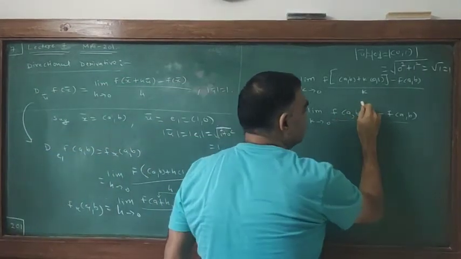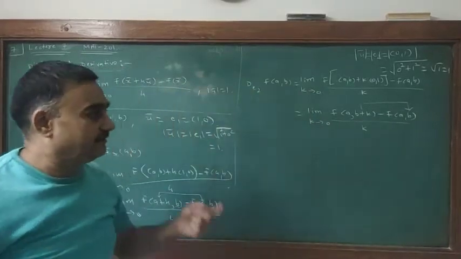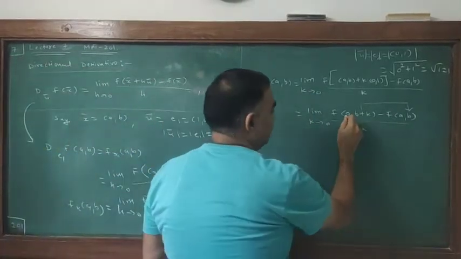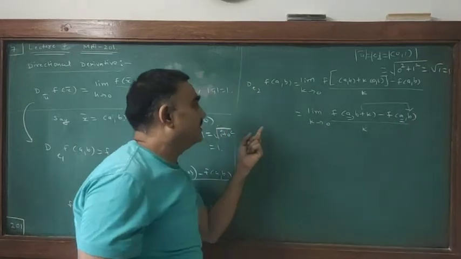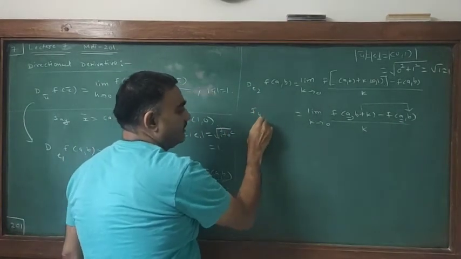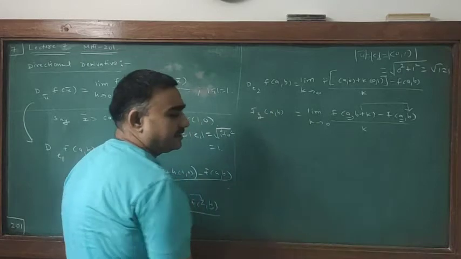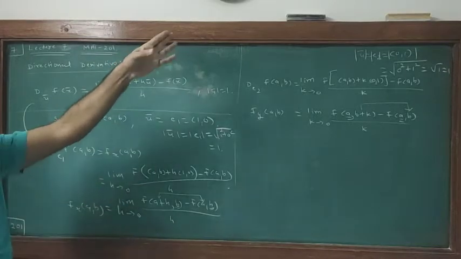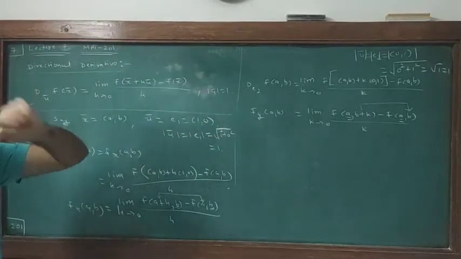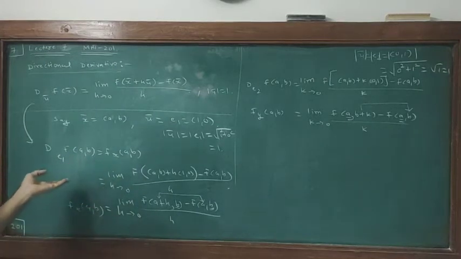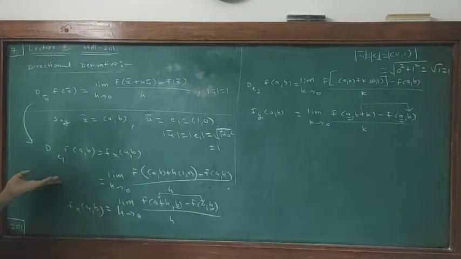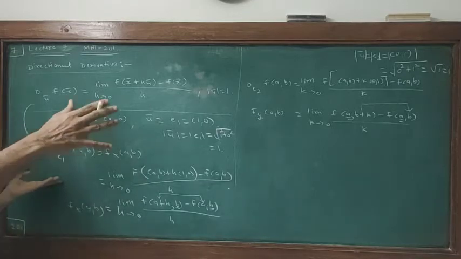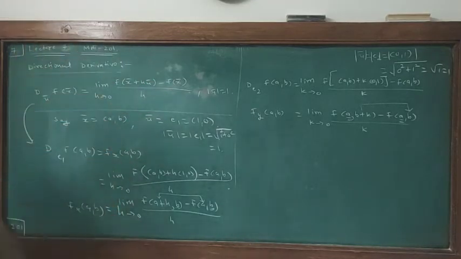You see that there is a difference in the y coordinate and the x coordinate remains constant, and this is the partial derivative of f with respect to y at the point (a, b). So these are sub-definitions of the directional derivative. This is differentiation in the direction of x, and this is differentiation in the direction of y. Try to get this idea.